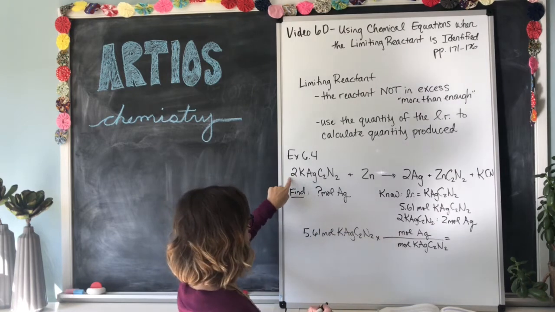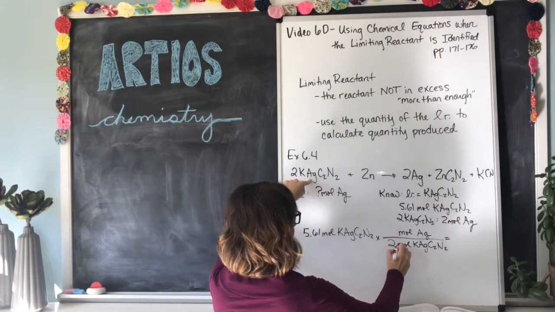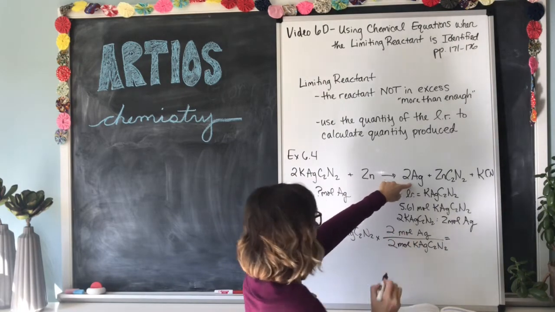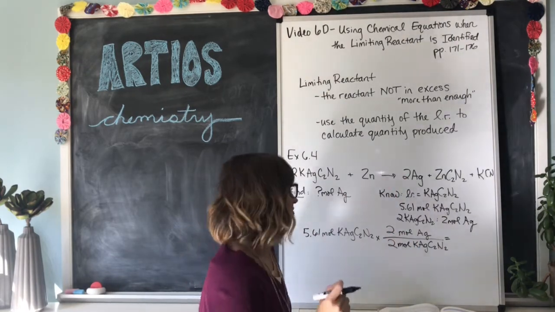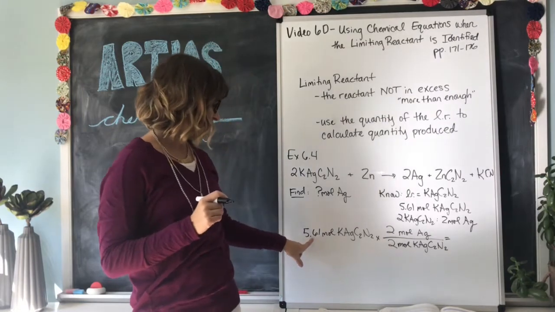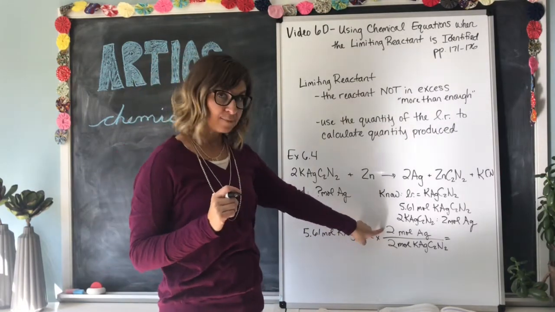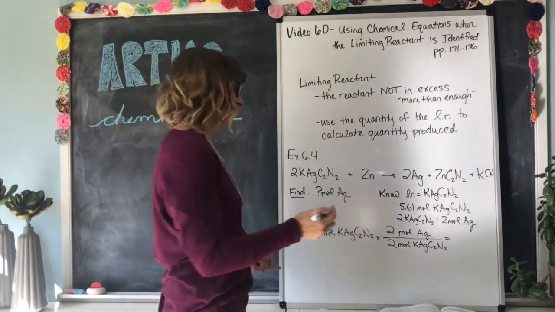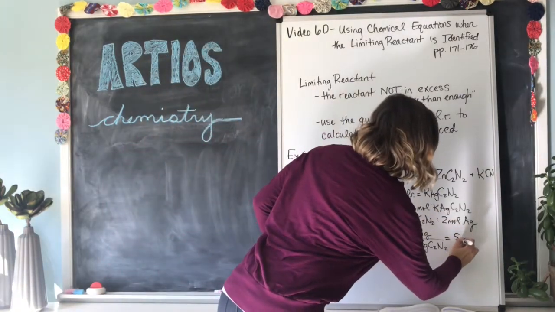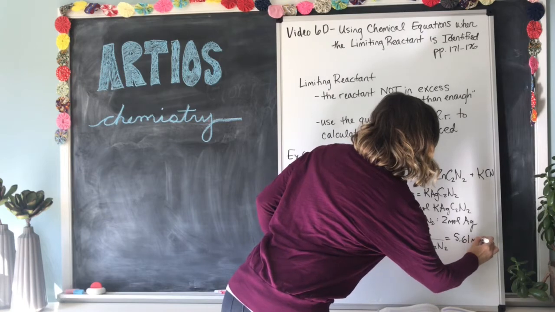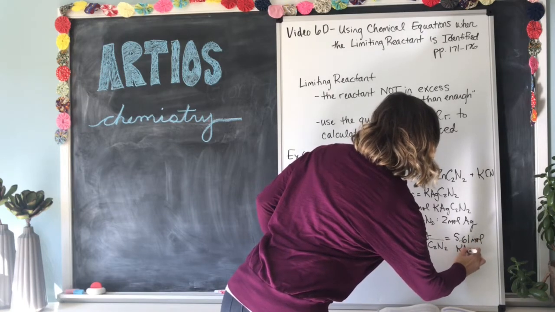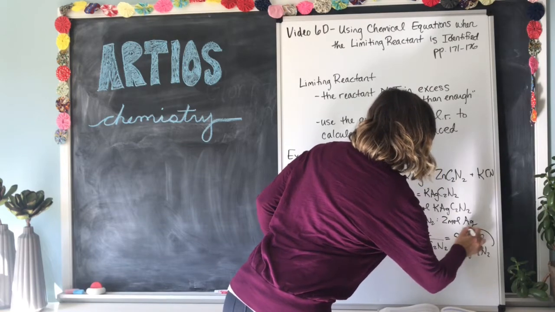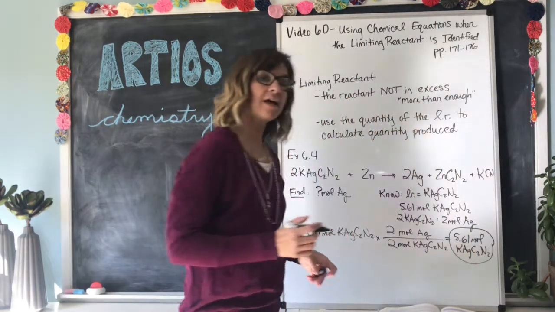Remember, there were 2 moles of KAgC2N2 for every 2 moles of silver produced. So if you plug this into your calculator, you would put in 5.61 times 2 divided by 2, and you would get 5.61 moles of silver. And we would circle our answer.